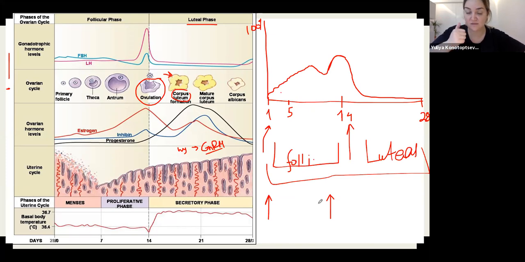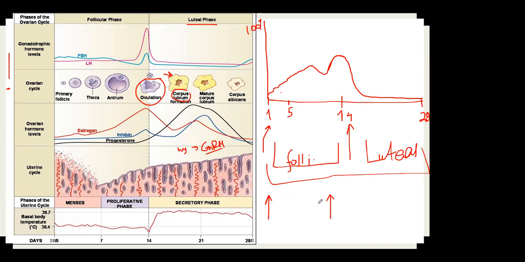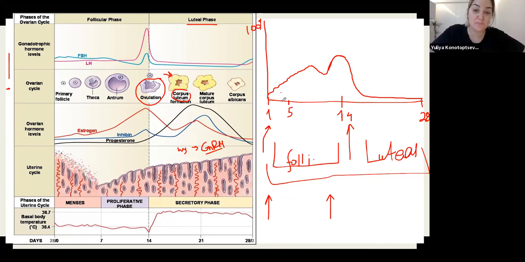FSH and LH. So you're expecting spikes in FSH and LH at the same time. Let me put S here, this is FSH, and L, this is LH.